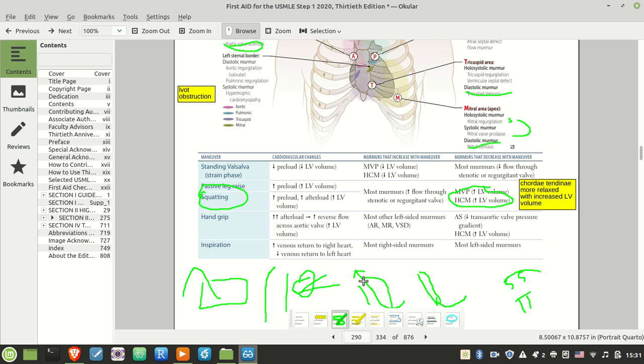So again, because here, passive leg raise, things like squatting, okay? Because you're able to now have all this blood literally buoy this previously obstructed outflow tract, you don't have the murmur anymore.